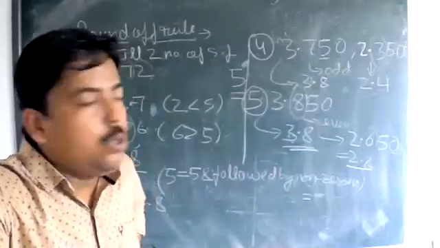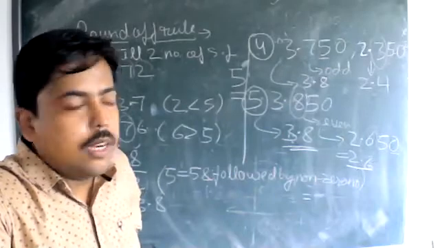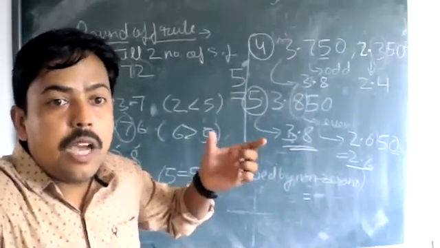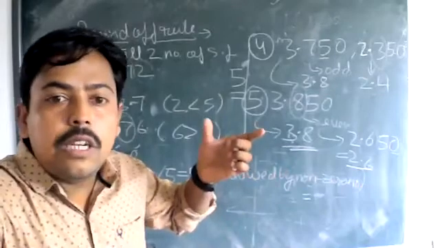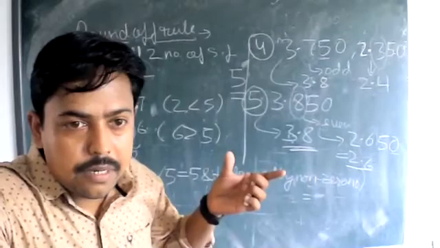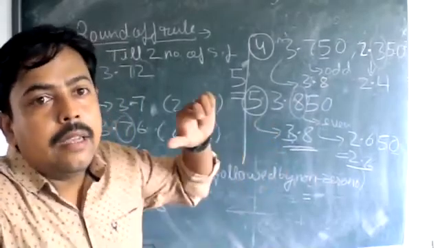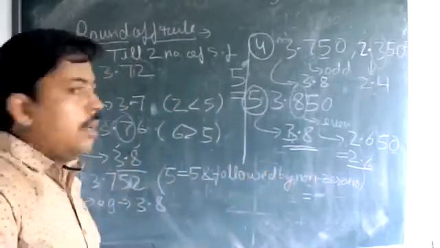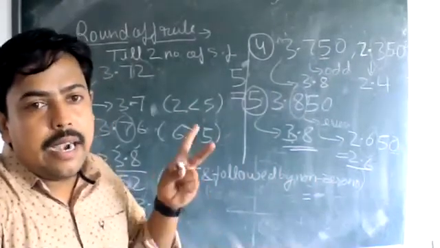Let's see those examples and analyze how the number of significant figures is decided in the resultant after multiplication, subtraction and addition. Let's try to see now the case of significant figures in addition, subtraction and multiplication.